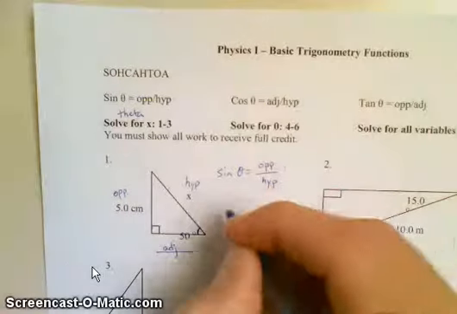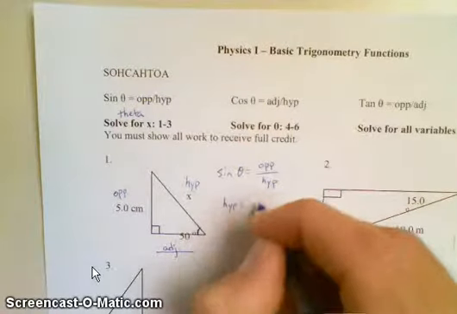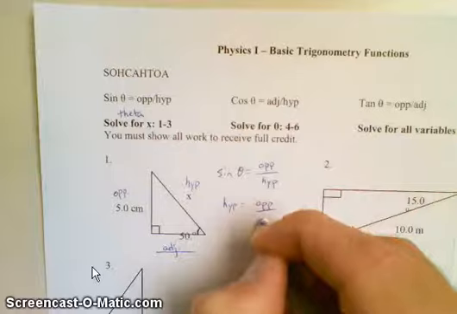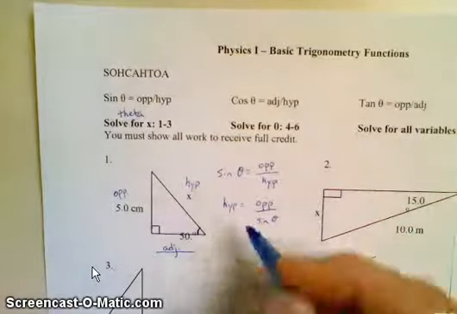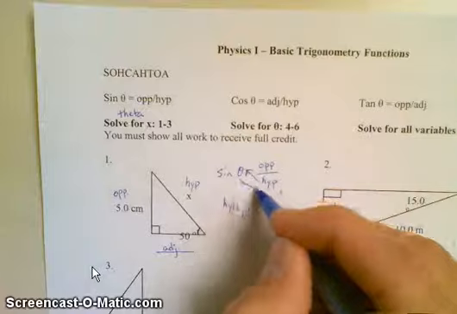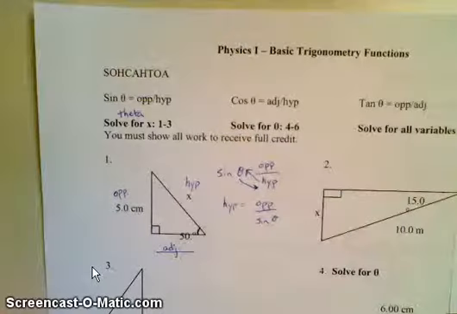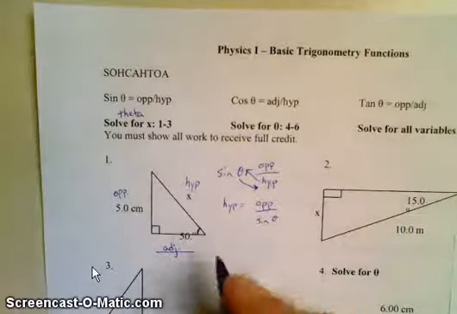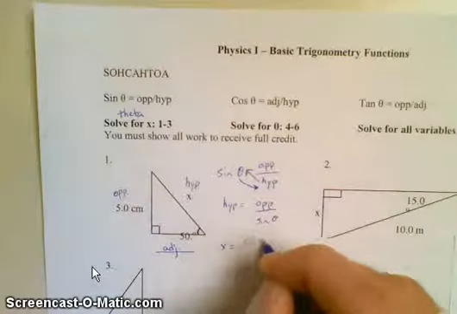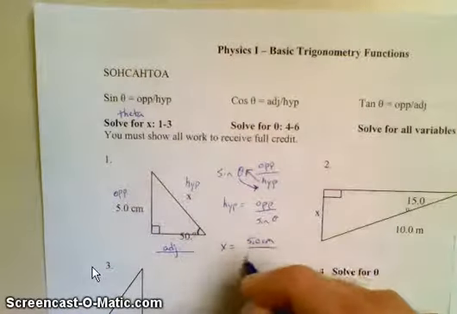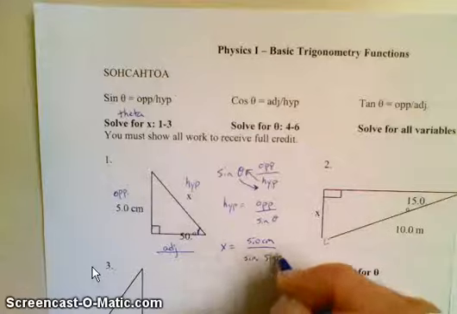So here's what I get. Hypotenuse is equal to opposite divided by the sine of theta. Everybody see that? Move hypotenuse up here, sine theta down there. Now I'm going to plug in my values. X is equal to the opposite, which is 5.0 centimeters, divided by the sine of 50 degrees.